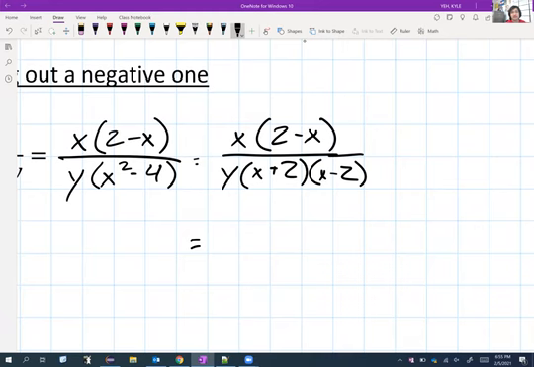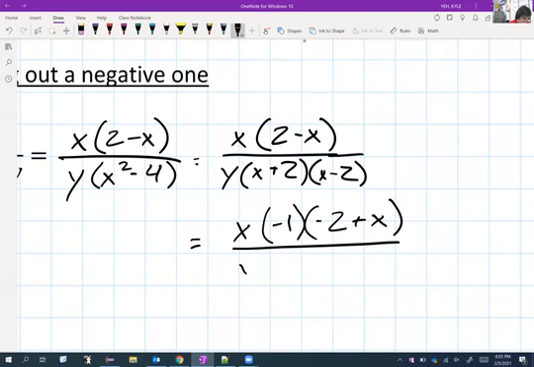If we just need to flip all the signs in one factor, right now we have positive 2 minus x on top, positive x minus 2 on bottom, that's when you know that maybe you should just factor out a negative 1. And here's what I mean by that. X times negative 1, and I'll write it in the same order, times negative 2 plus x for my numerator.